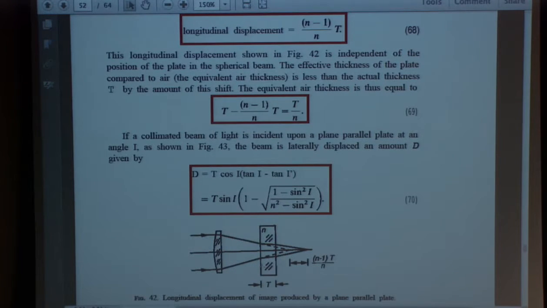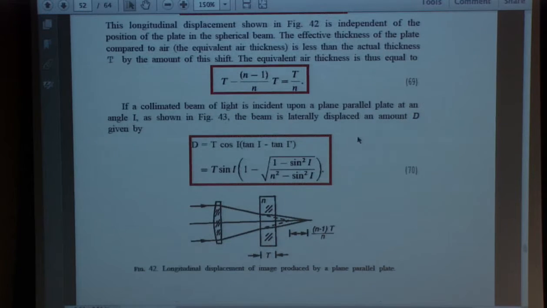If you just said, well, instead of thinking of this as a thickness T, if I think of it as only a thickness T over n, calculate where the image will be, then I'm okay. So just don't forget about this shift. It's so easy to do. I've seen that done so many times in designs of systems. They lay them out. You get the metal, you drill the holes in it, put the mounts in and stuff, and things are in the wrong location.